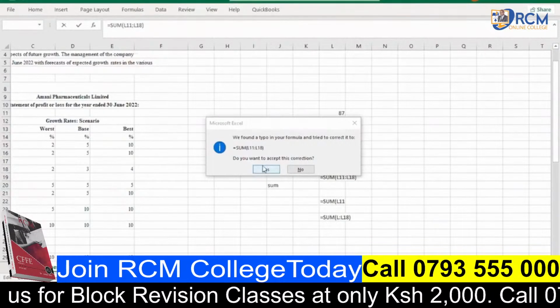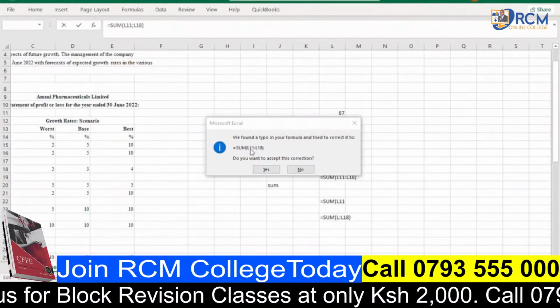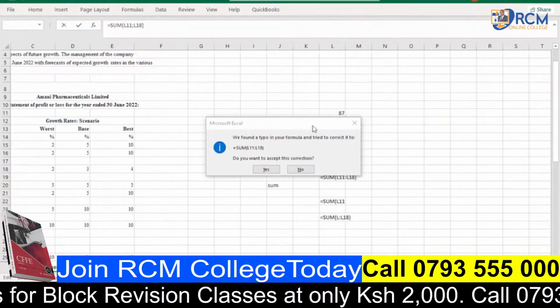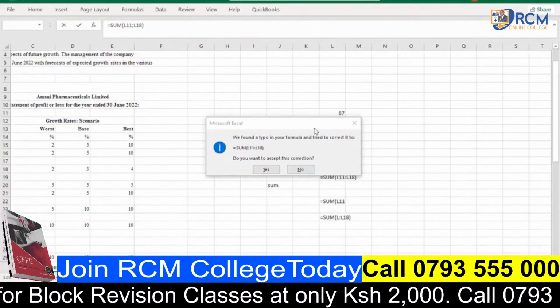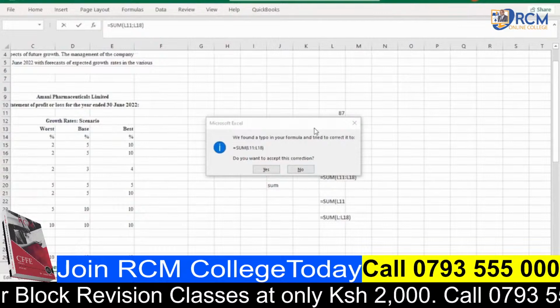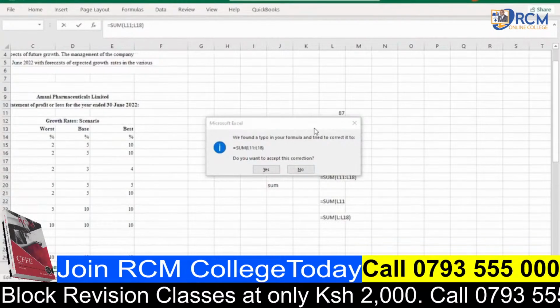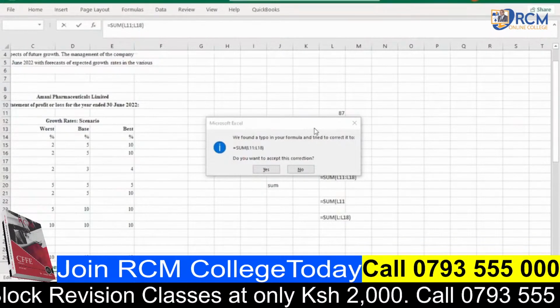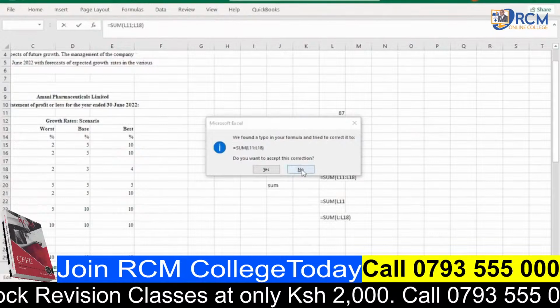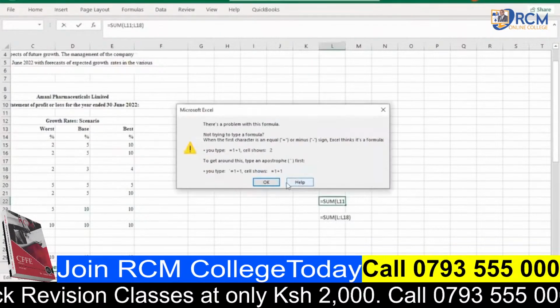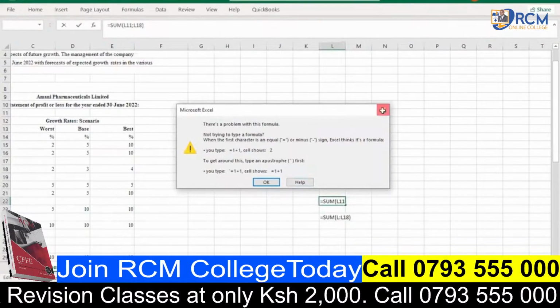So Excel is ready to rectify it. And if we check this one here, it is exactly equivalent to what was given to you as choice B. That is choice B. Okay, so we don't want to correct it. It will remain with that error.